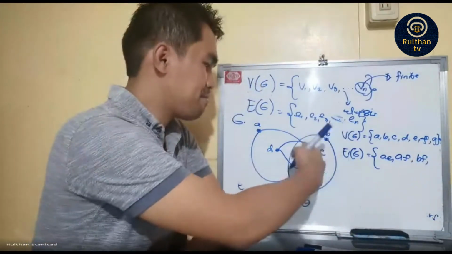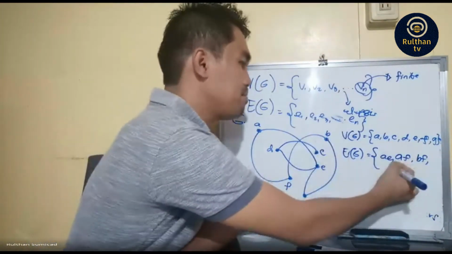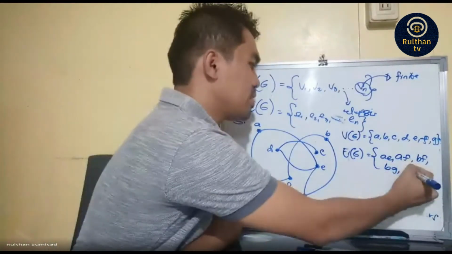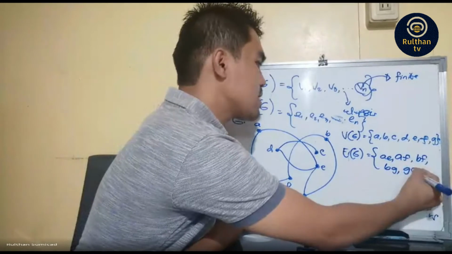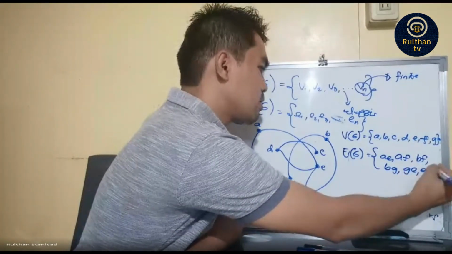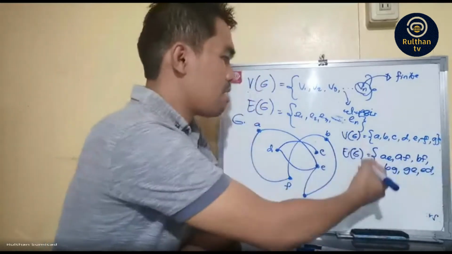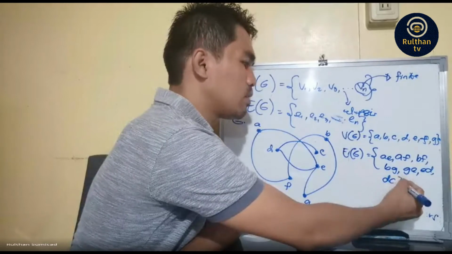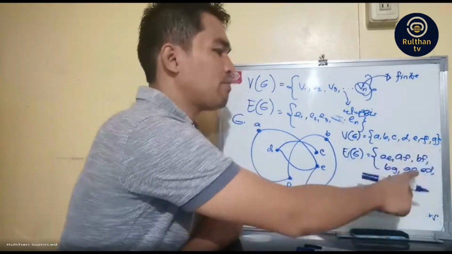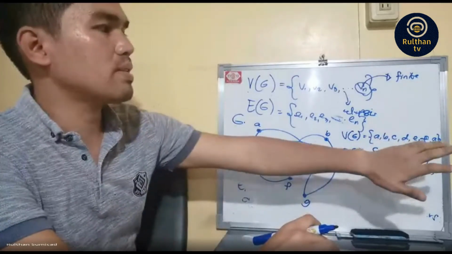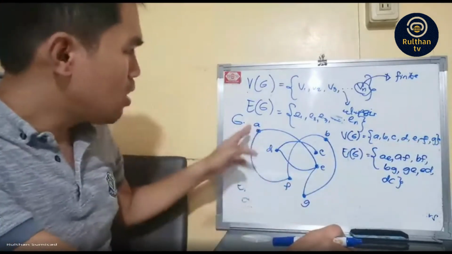Then I have B, G, and then G, E, and then I have E, D, and then I have E, C, D, C. So we have 1, 2, 3, 4, 5, 6, 7. We have 7 edges with 1, 2, 3, 4, 5, 6, 7, 7 vertices. Am I correct?